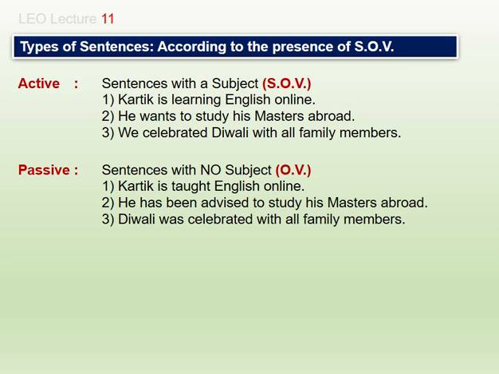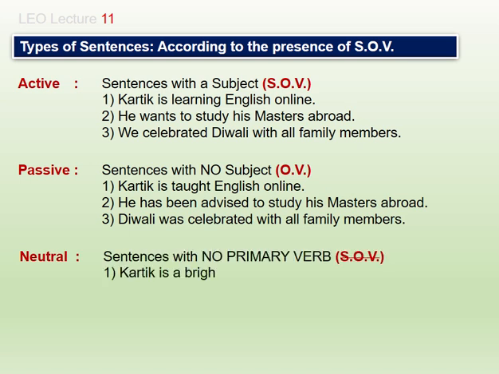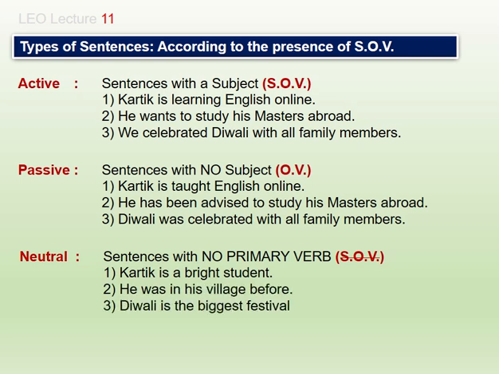Let's move on to the third term, guys, and it is neutral. It might look novice to you, but it is not. In neutral sentences, we have no primary verb. Sometimes we can have secondary verbs in these kinds of sentences, but if we don't have a primary verb in a sentence, then there is no possibility of having a doer of an activity.